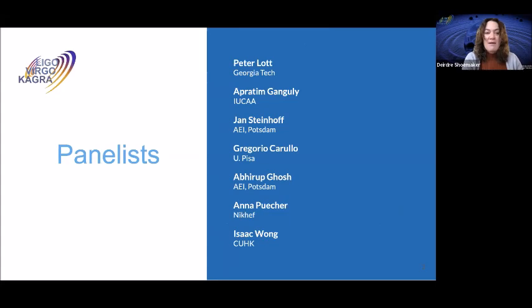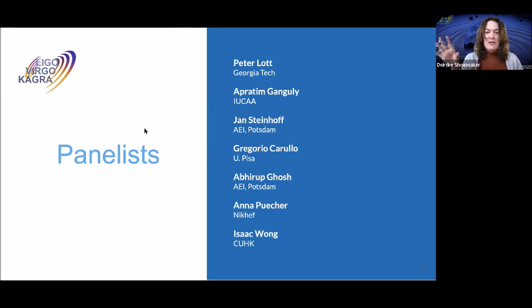Then we will open things up for you to ask questions of the panelists. The panelists were the people involved in the analysis, of which there are many in the paper. So you'll hear from Peter, Apertim, Jan, Gregorio, Epirup, Anna, and Isaac, and you're welcome to ask them questions.